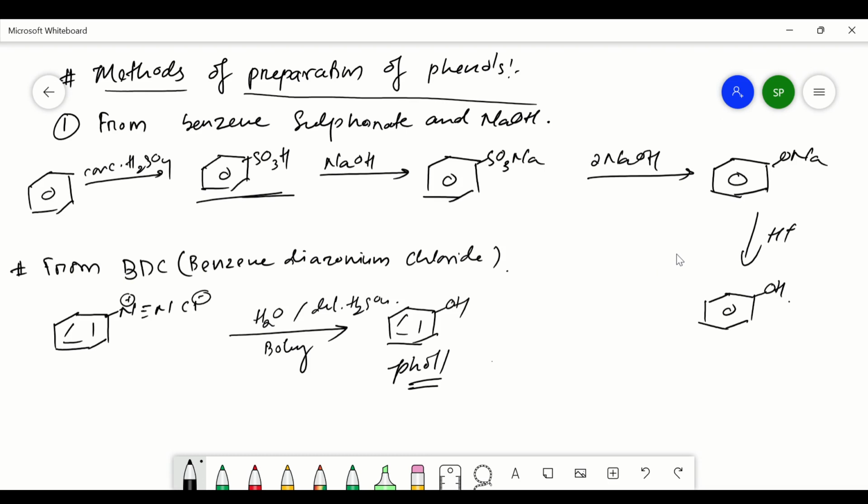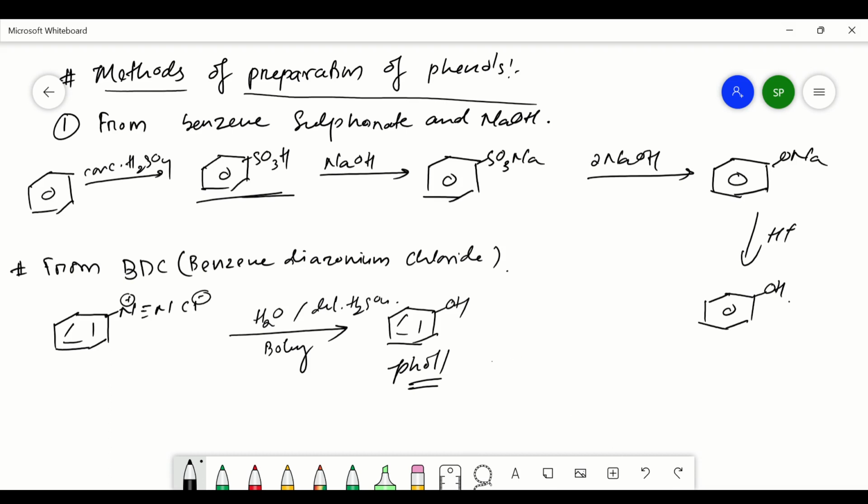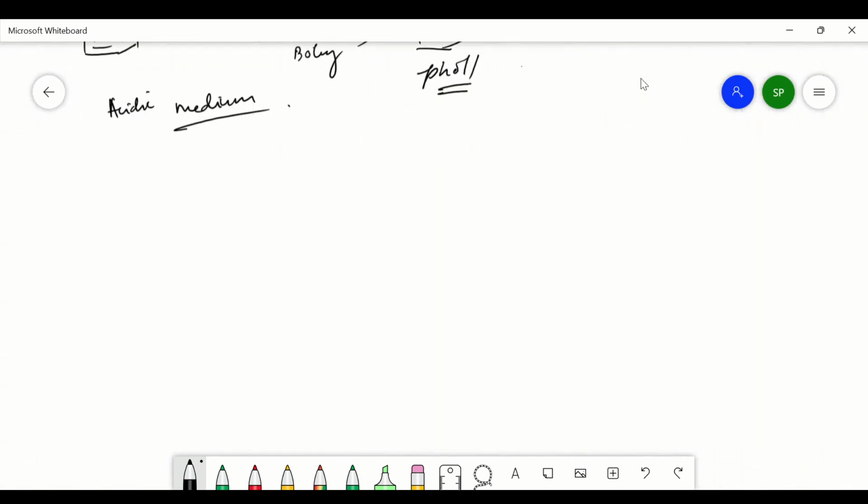Next we will see the production of phenol from benzene diazonium chloride. It is carried out in acidic medium, because if we do not carry this reaction out in acidic medium, this benzene diazonium chloride will undergo a coupling reaction with phenol.